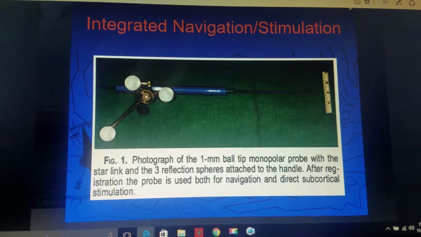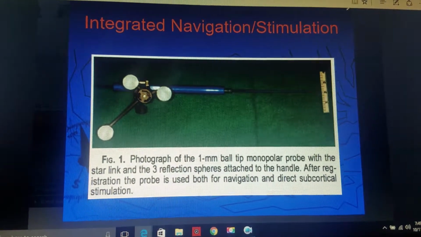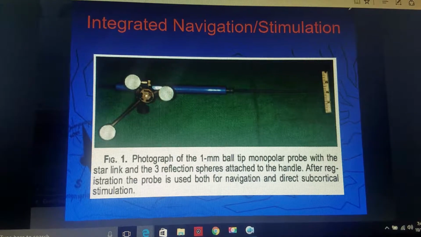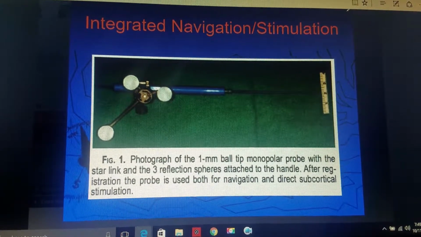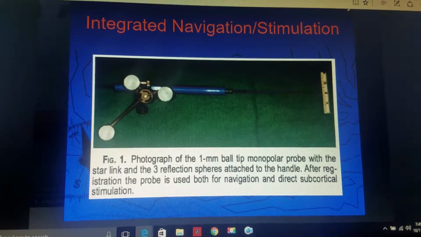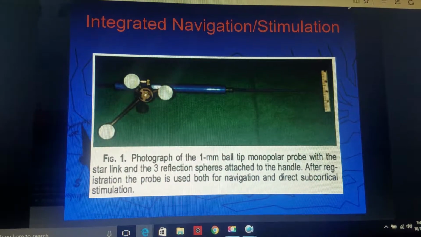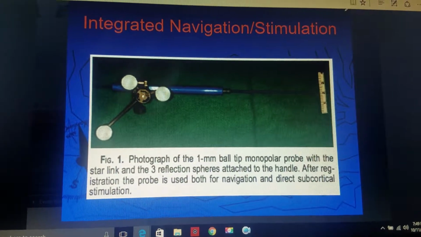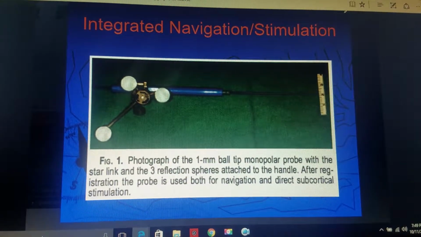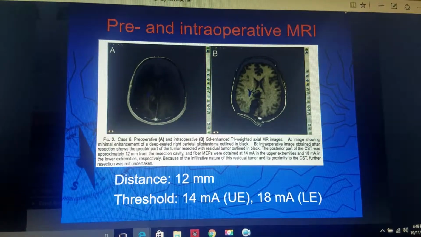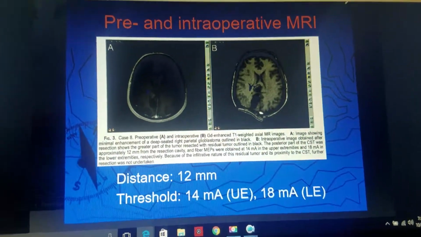And now you put that probe down there, and the navigation screens show exactly where it is, and the electrical stimulation shows you what the threshold is. And so they can measure distance, measure current, and correlate them again.